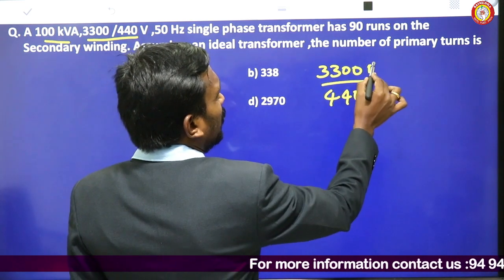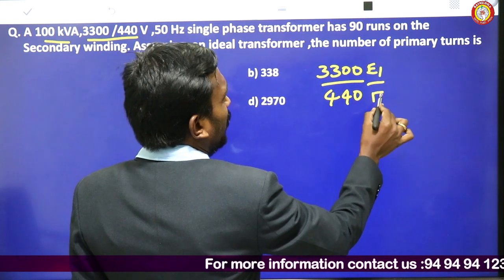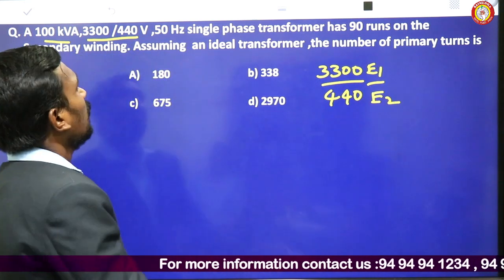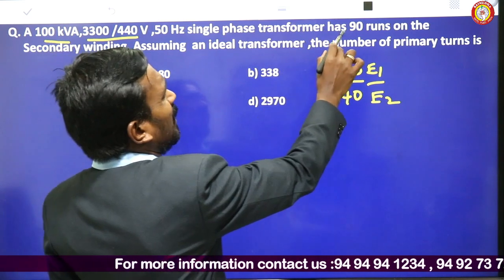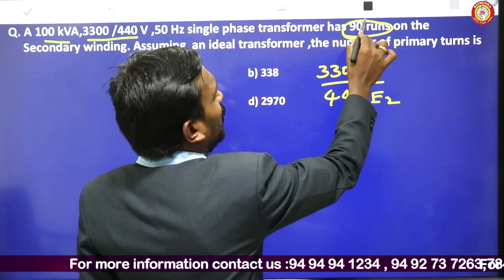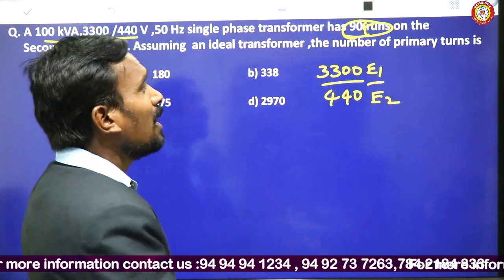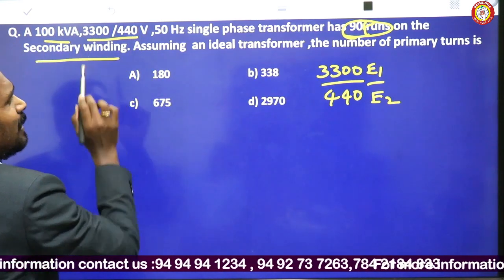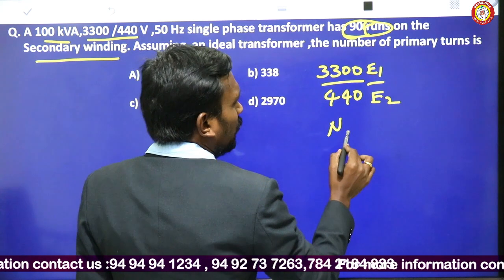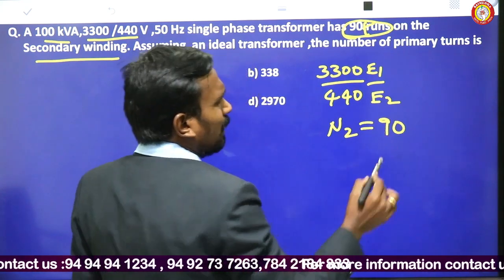This is E1 and this is E2. They gave a 50 Hz single phase transformer that has 90 turns on the secondary. So the given N2 is equal to 90.